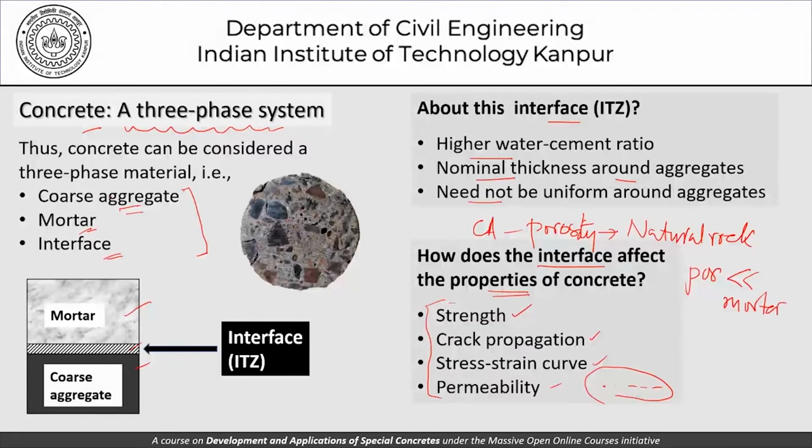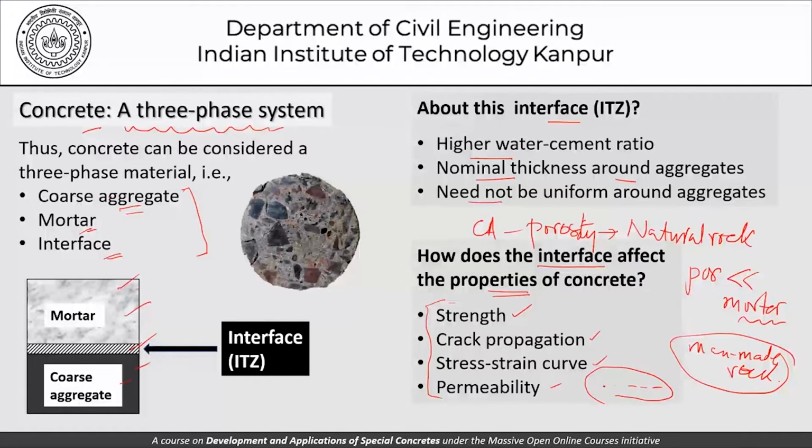And this mortar, when it hardens, or for that matter even concrete when it hardens, is like a man-made rock, right? Because it's a man-made rock made up of phases, the mortar phase has porosity, the interfacial zone has its porosity, and the coarse aggregate has its porosity. So now which of them becomes the weakest link in the chain?